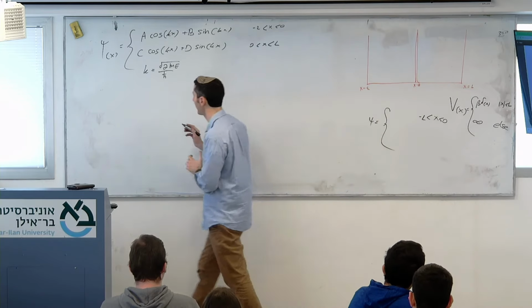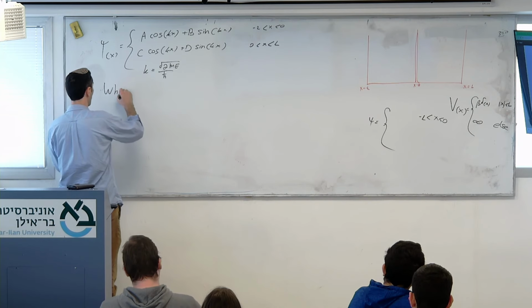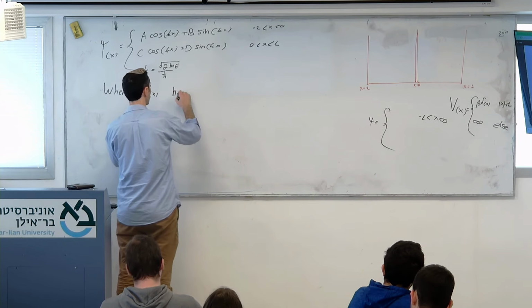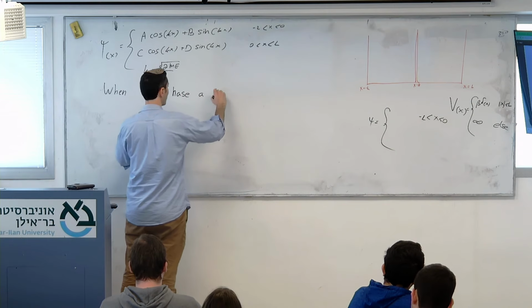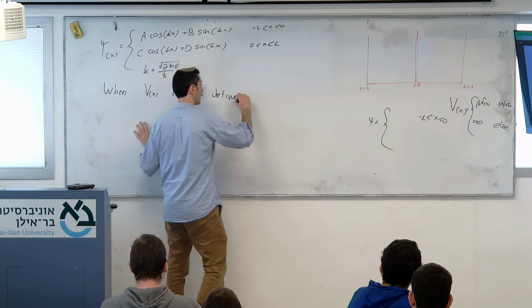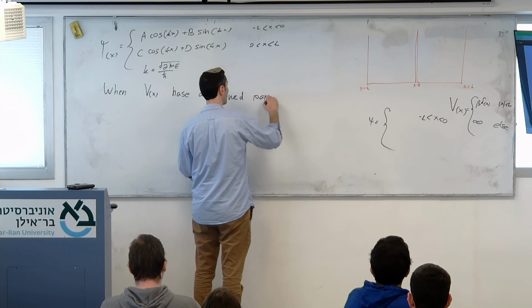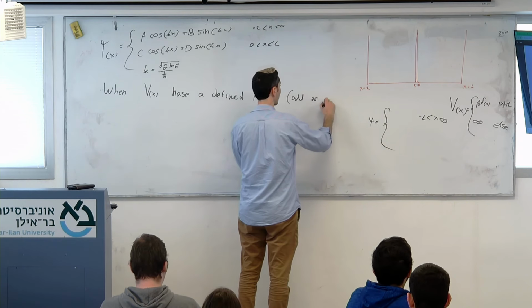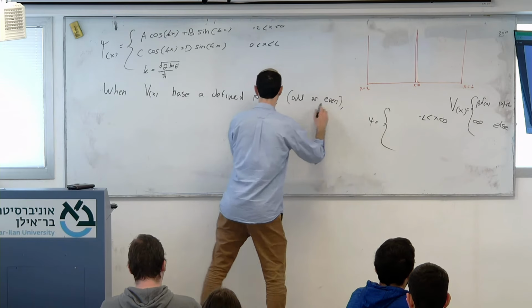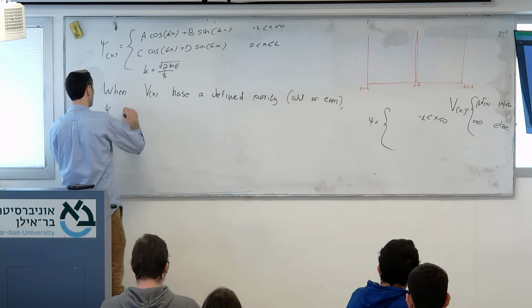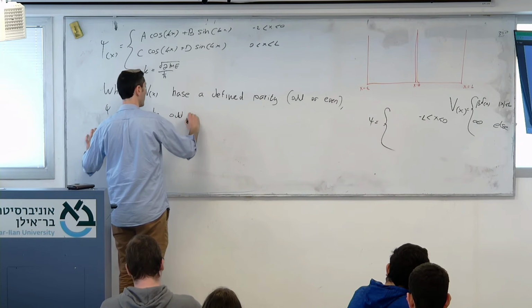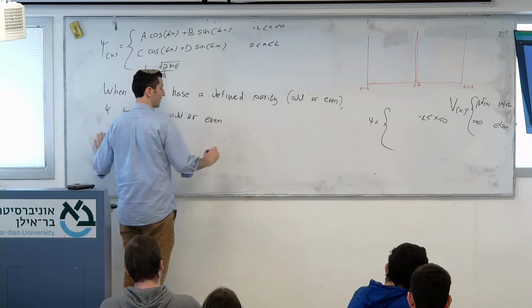When V of x has a defined parity, odd or even, psi must be odd or even.